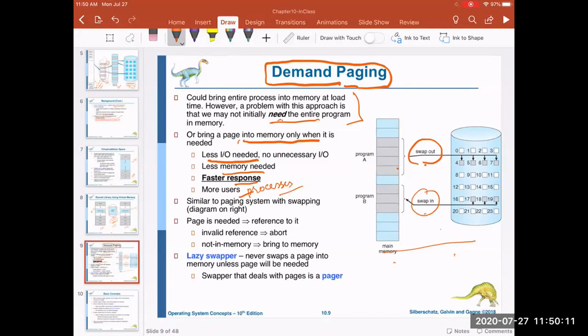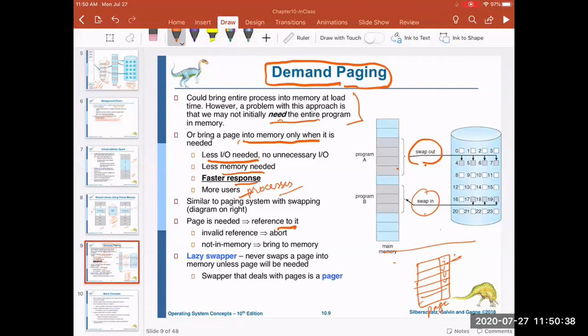A page is needed based on a reference bit. Remember in the previous lecture we discussed the page table, where each entry has one bit, valid or invalid. Valid pages are those that are required, available in the physical memory, and required by the CPU.